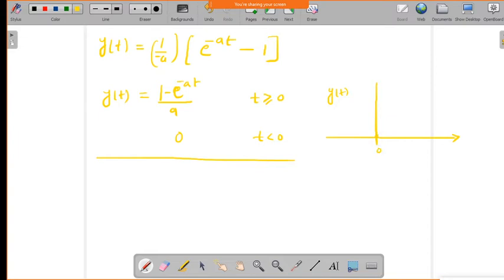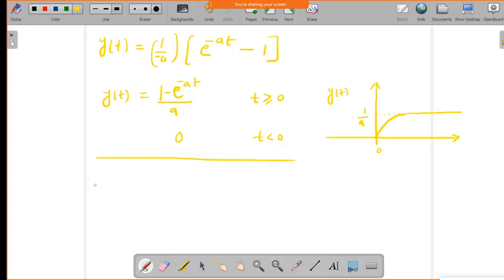If you put t equal to 1, 2 and so on, it goes on giving the exponent, that is a rising signal, and it will become 1 by a. So when t becomes infinite, the maximum amplitude you will get is 1 over a. This is the output signal y of t. This is about the convolution integral for this input signal and impulse response.